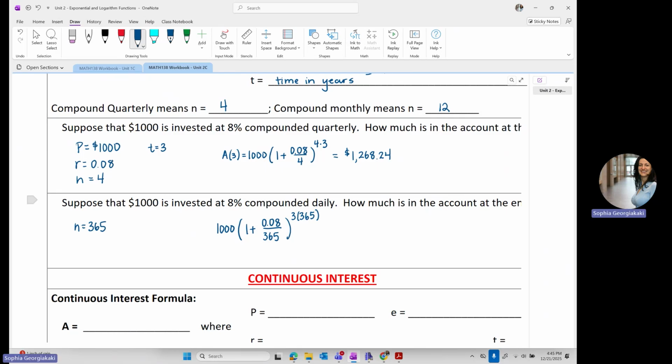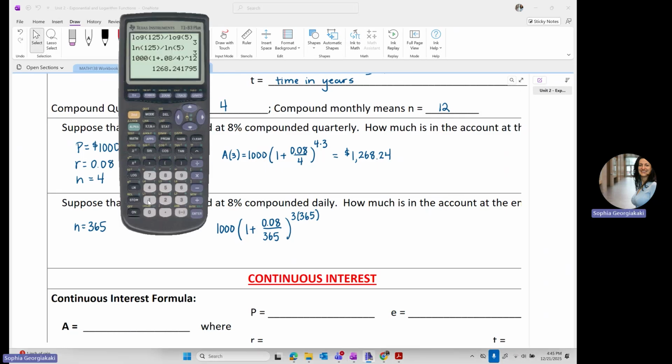So I'm going to do the same thing in my calculator. So 1,000 times 1 plus 0.08 divided by 365 to the, and here I'm going to open parentheses, NT will be 365 times 3.